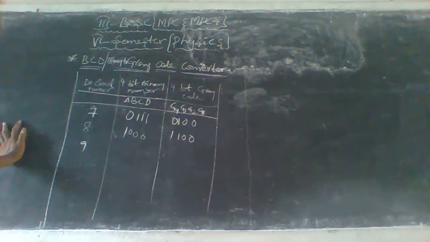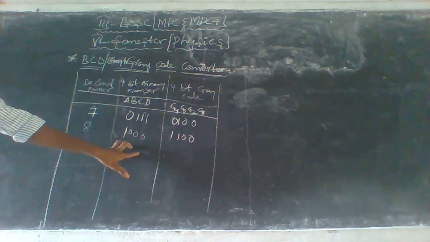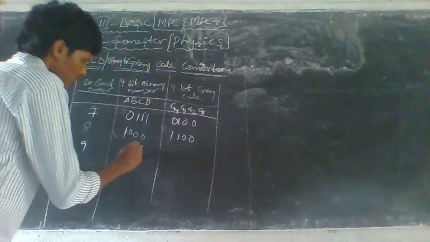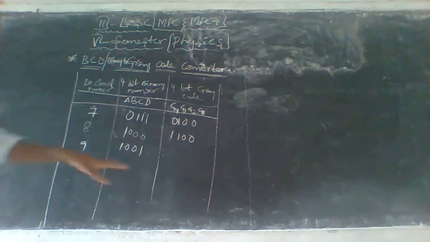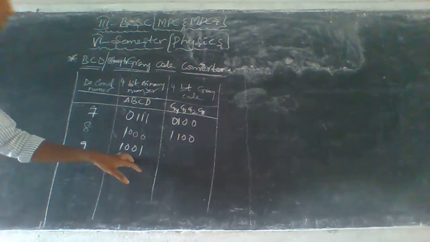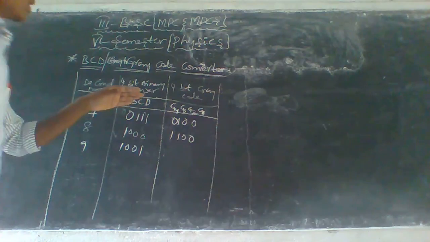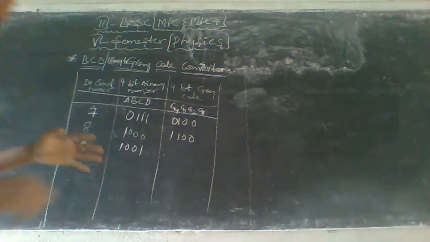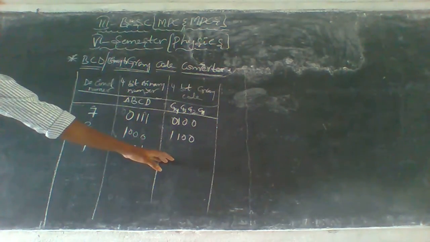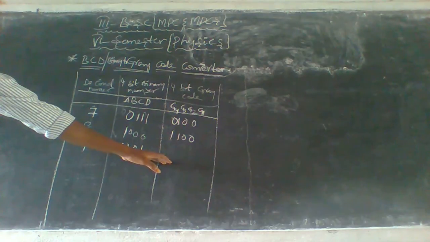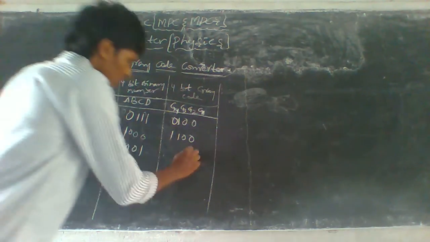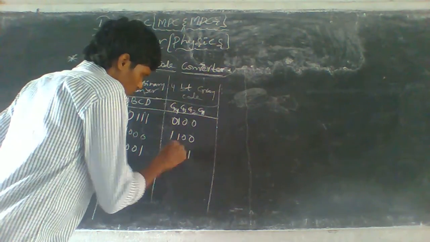For 9, the 4-bit binary number is 1001, and the 4-bit gray code for decimal number 9 is 1011.